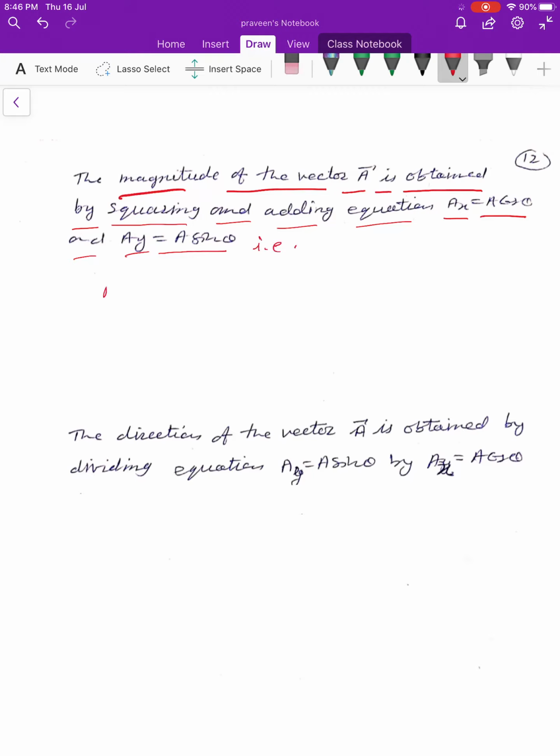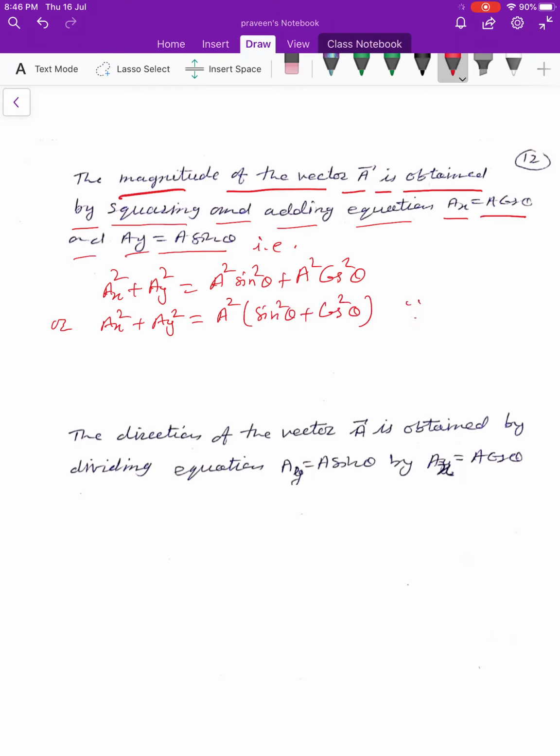That is, Ax square plus Ay square is equal to A square sin square theta plus A square cos square theta, or Ax square plus Ay square is equal to A square (sin square theta plus cos square theta).